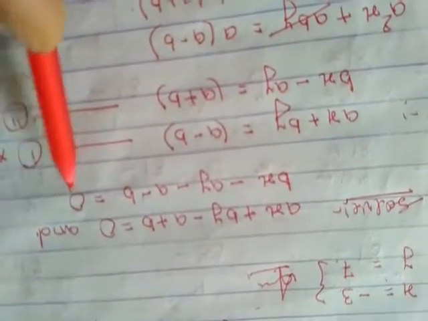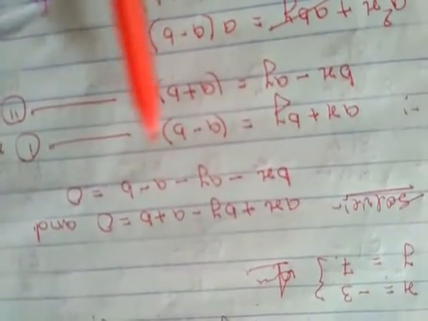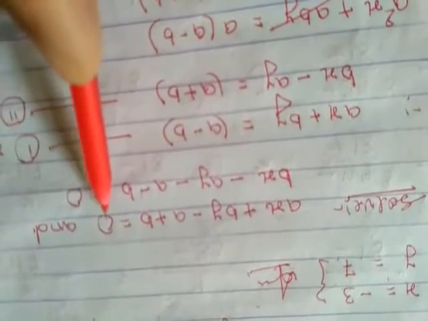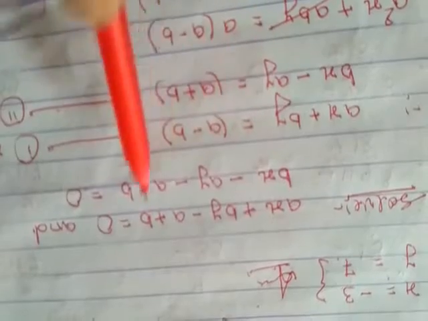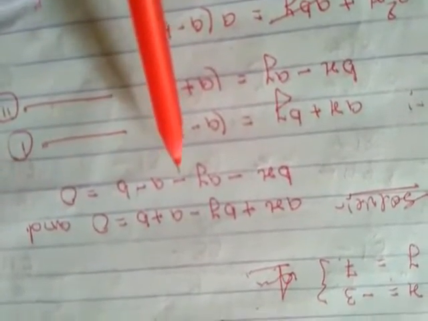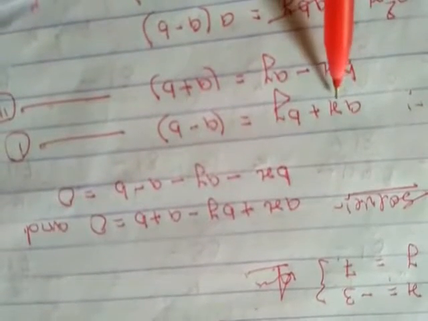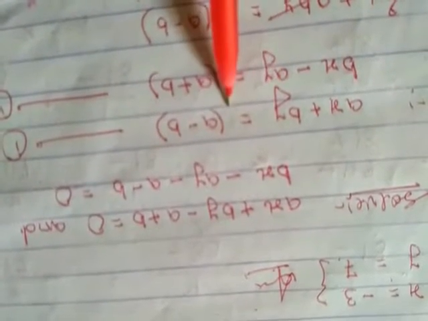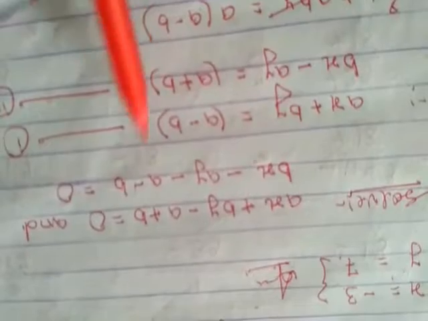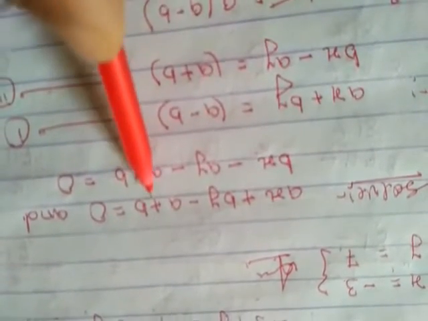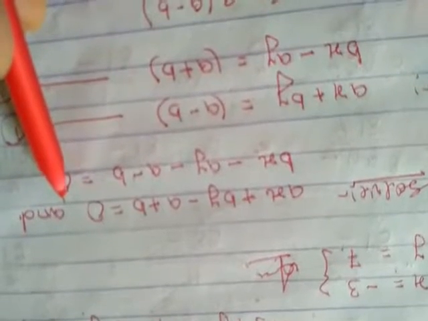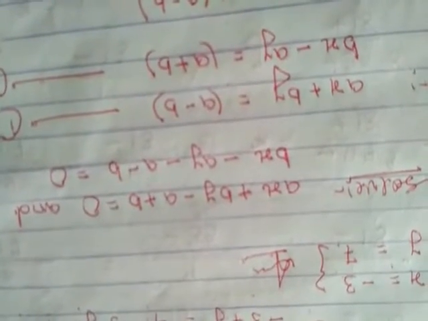So first we take the constant terms to the RHS. Now the equation becomes ax plus by equals a minus b. When minus a goes to the RHS, it becomes plus a, and plus b goes to the RHS, it becomes minus b. And secondly, bx minus ay equals a plus b.